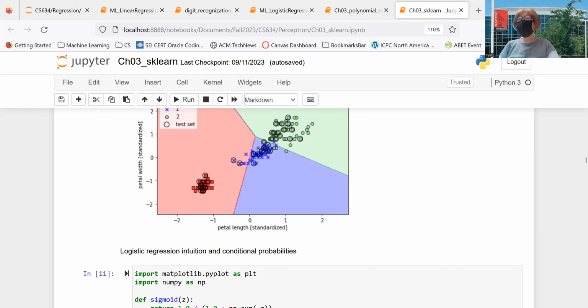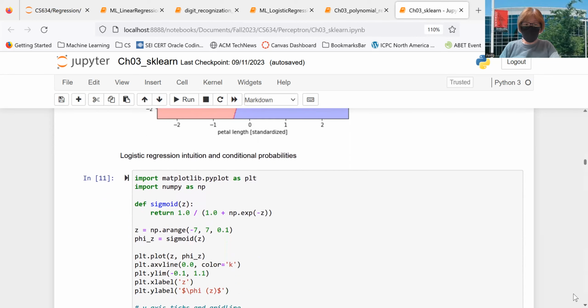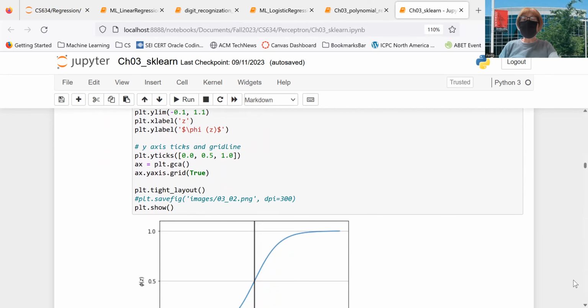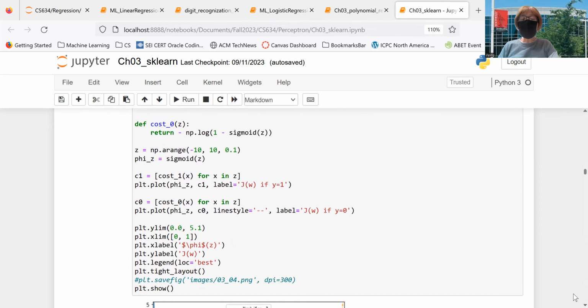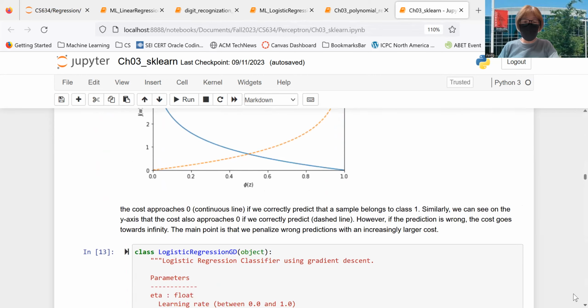Today we learned logistic regression. So let's see how we use logistic regression for that iris data set. We can skip this part because it's a raw method for the sigmoid and the cost function. We can ignore that.